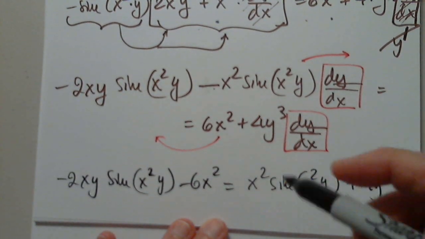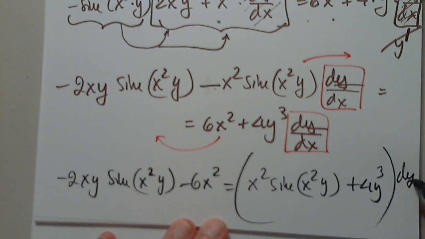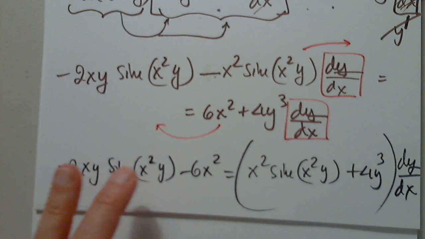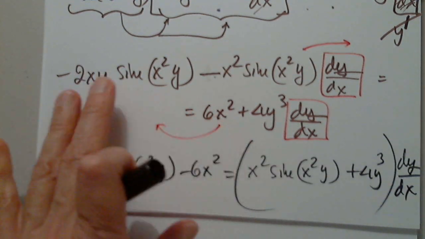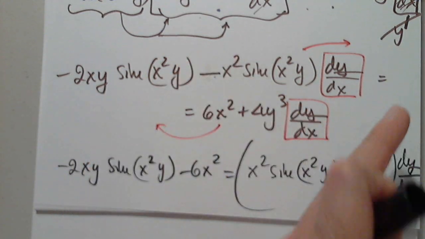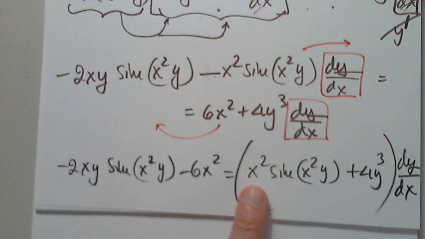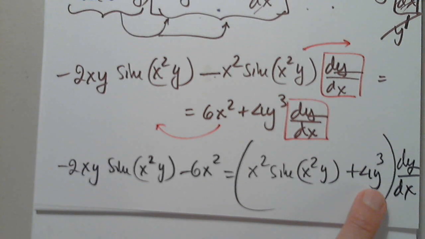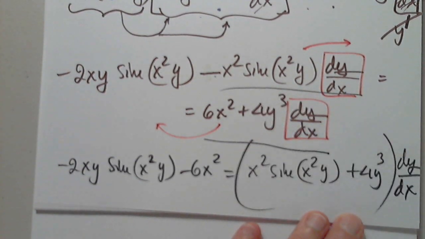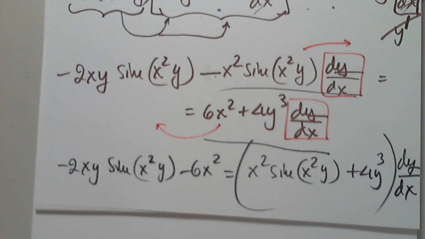And because these two terms have a common factor of dy over dx, I will pull it out. So this term is here. This term was brought from right to left. This term was brought from left to right. That's why it's positive now. Plus 4y cubed, because these are the two terms that have dy over dx in them.